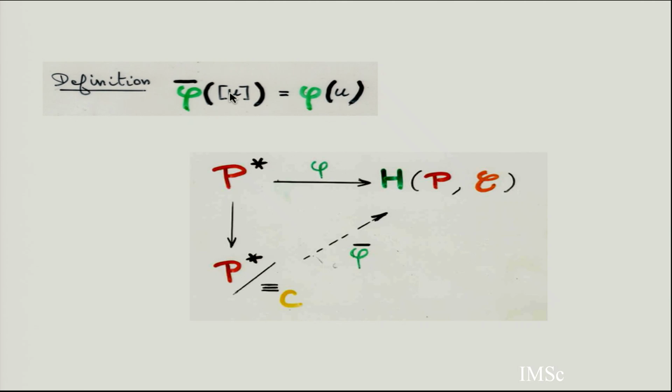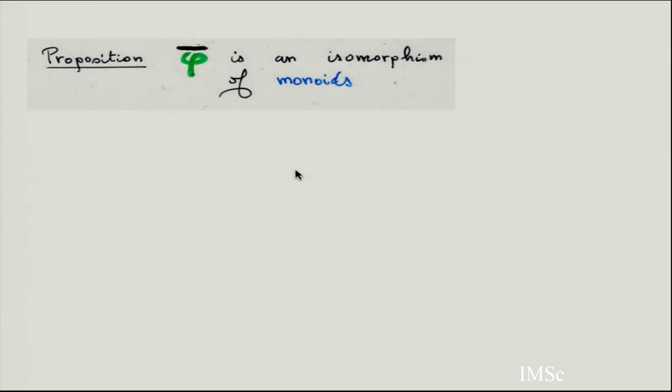So lemma 1 and lemma 2 enable you to define this map phi bar, which is going to be a map from the commutation monoid to the heap monoid. And proposition: this map is an isomorphism of monoids.